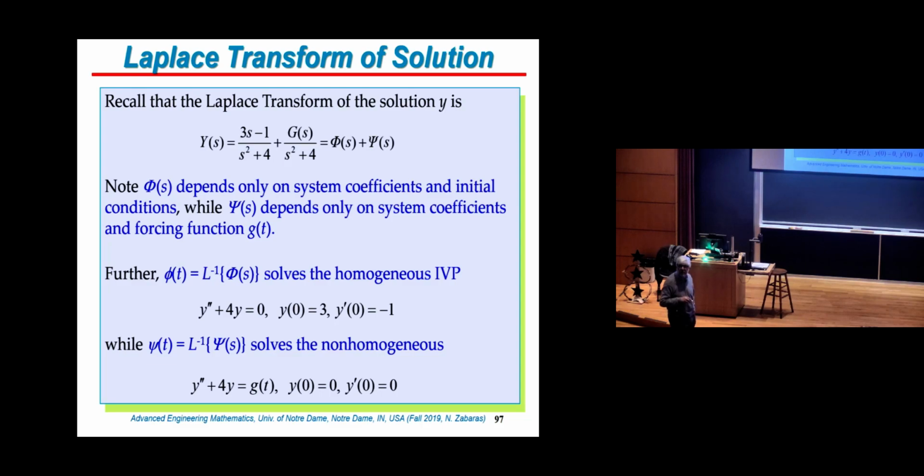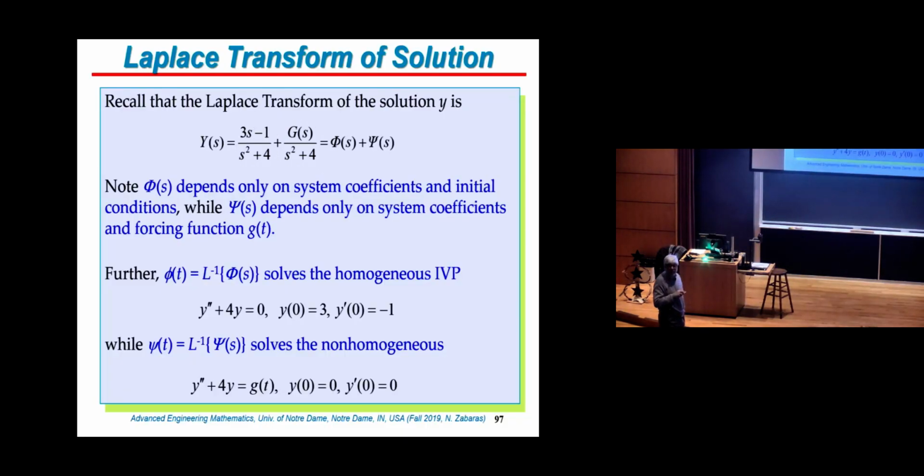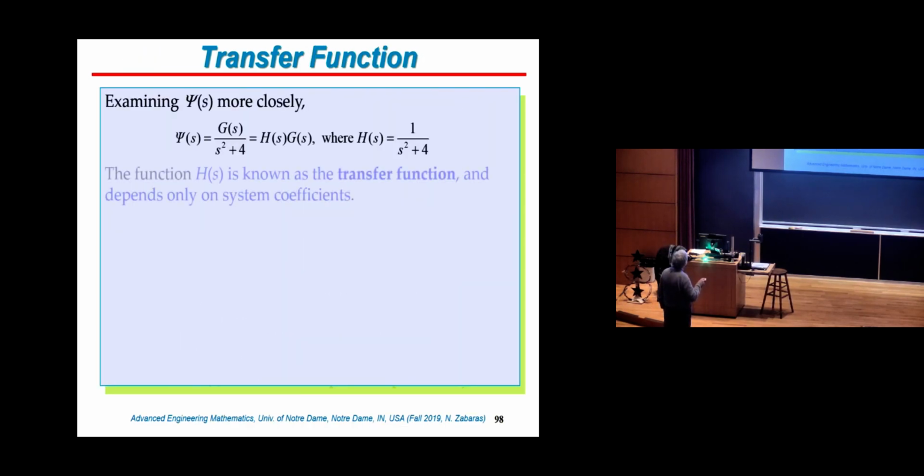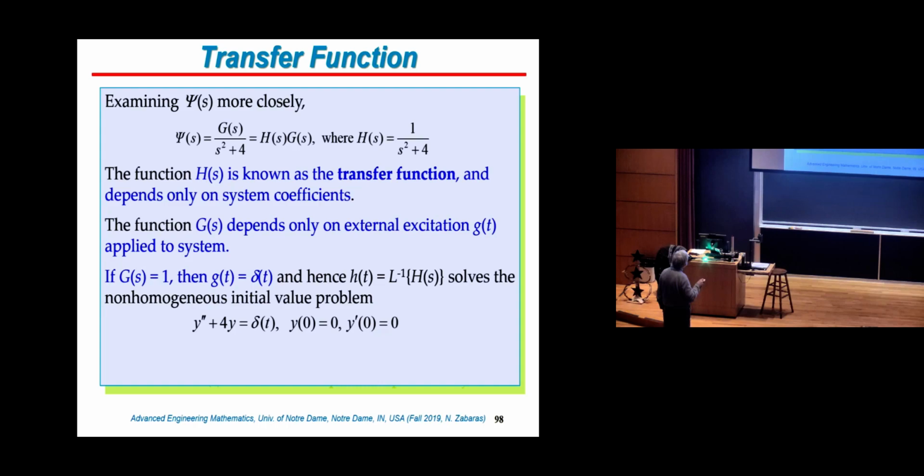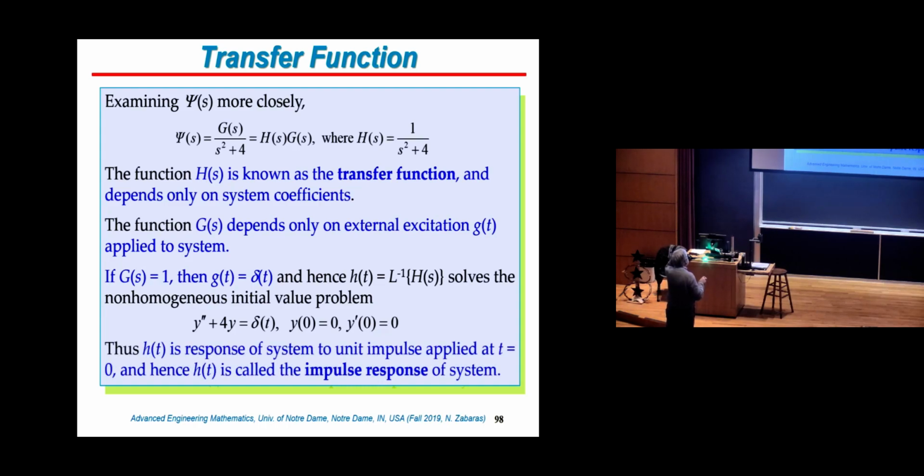It's the impulse response. So if g equals 1, this will give us the impulse response. This is significant. Computing the inverse of this h of s is solving the impulse response problem.